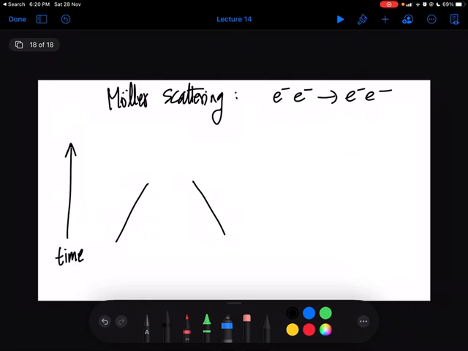So let's say an electron comes and an electron comes. The question is, can they meet at one particular point? Let's just say they meet at one particular point. Then I can have P1 and P2 summed over, so there could be something called an S channel process.